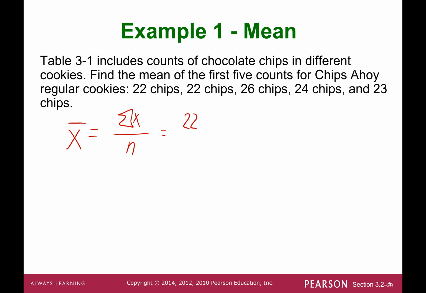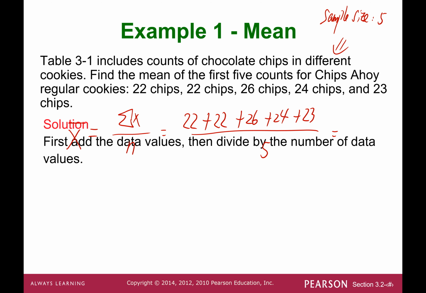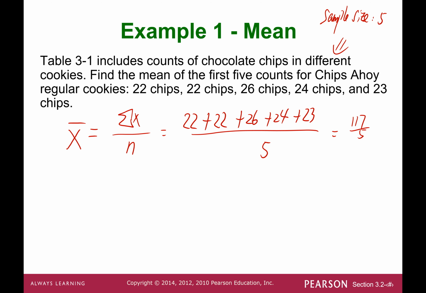So 22 plus 22 plus 26 plus 24 plus 23, and divide by 5. The sample size in this case is 5, because we're picking 5 cookies. So this turns out to be 117 divided by 5.